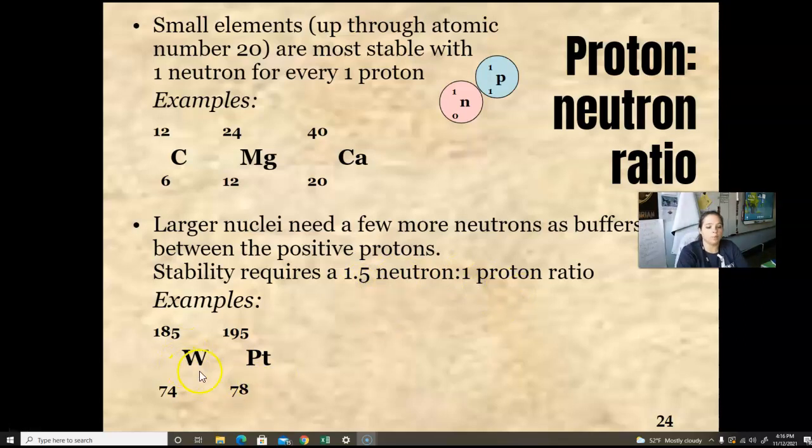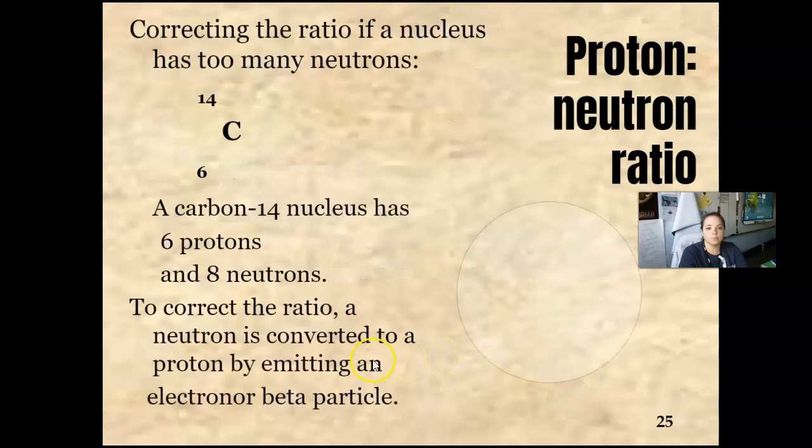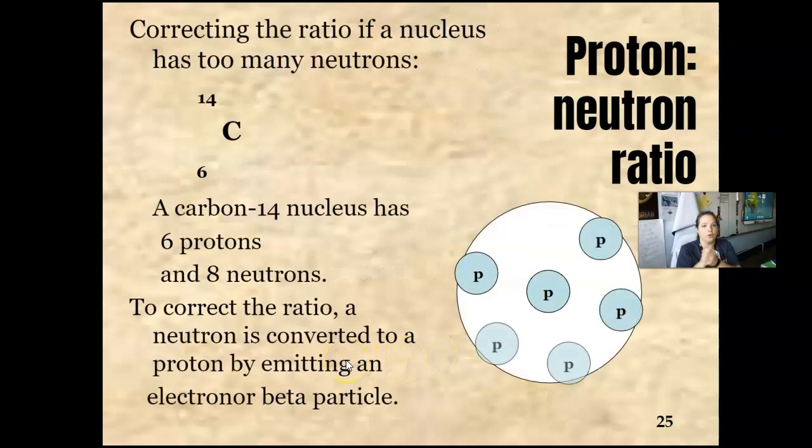Example, 74. I know I want to say it's tungsten, if I'm not mistaken. I am right. Tungsten and plutonium. That makes them happy. This is their stable spot, right? So they've got this many neutrons to that many protons, and that's what it wants.